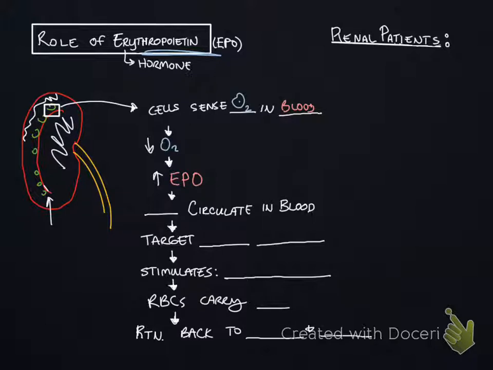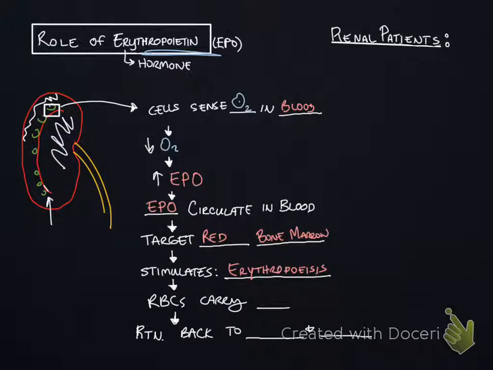Since it's a hormone, this EPO gets dumped into the blood, it circulates, it targets the red bone marrow, and stimulates erythropoiesis, which we just learned is the production of red blood cells.